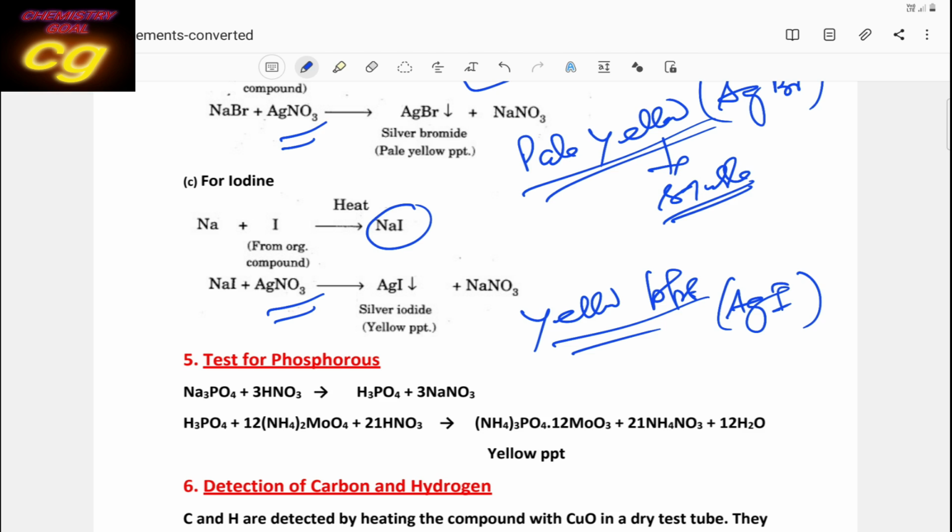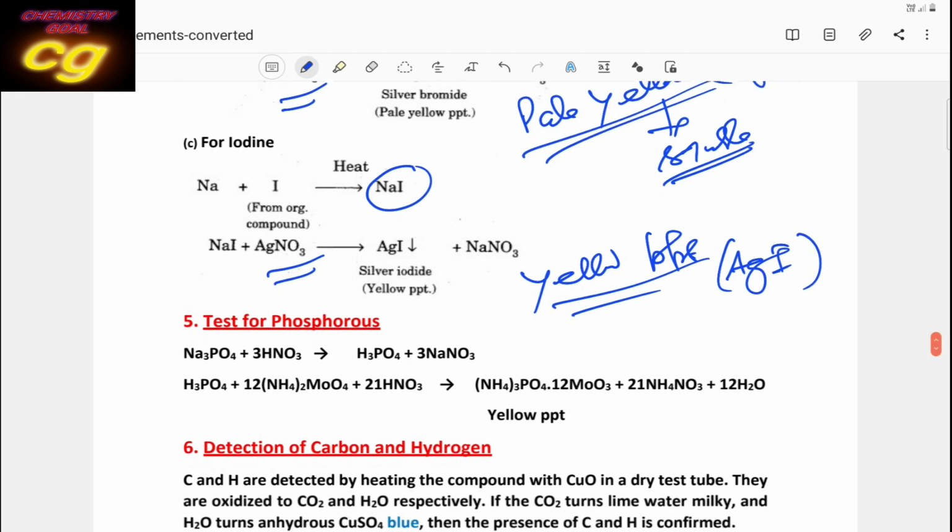AgI is insoluble in ammonia solution. That is how we clearly distinguish the presence of Cl-, Br- and I- obtained from the organic compound containing chlorine, bromine and iodine. In this way we can identify the presence of the halogens: chlorine, bromine and iodine.